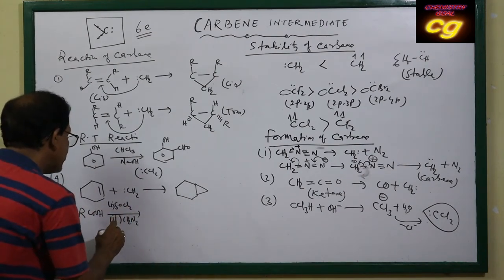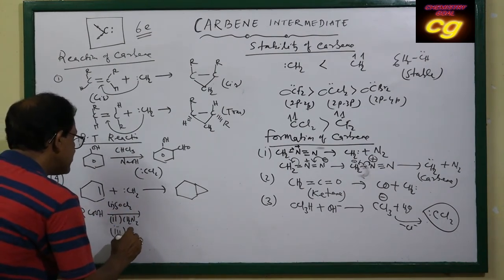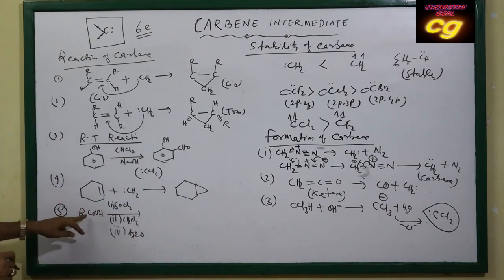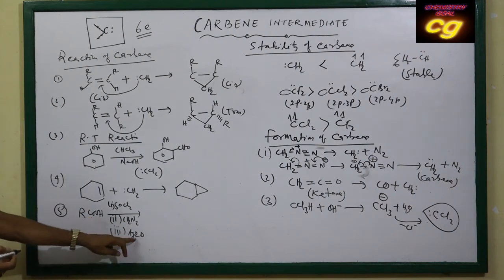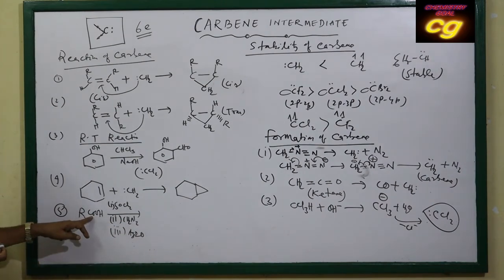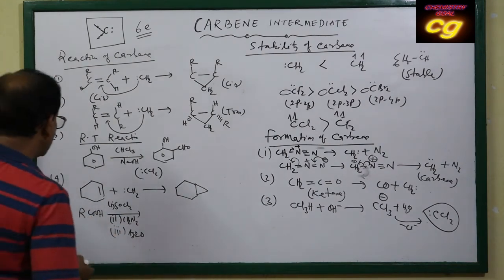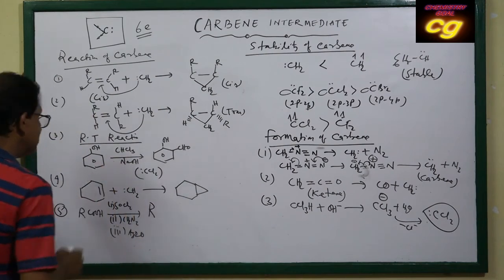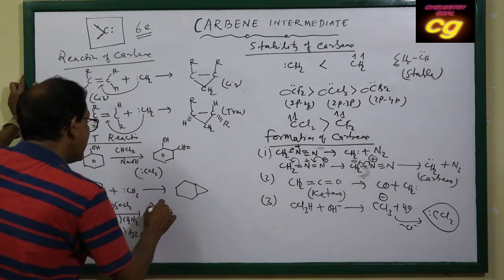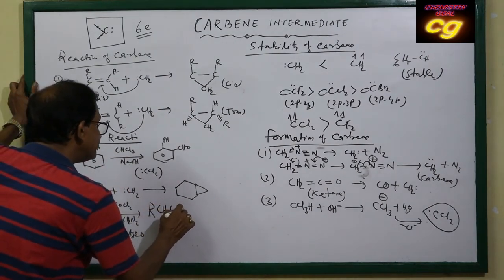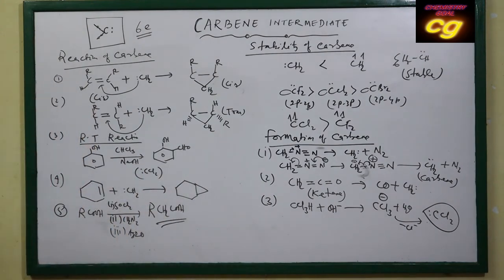Then in the third step you use silver oxide. In the first step the acid halide is formed, then when diazomethane is added, one extra carbon is increased, then Ag2O hydrolyzes the ketene to form acids. The product will be RCH2COOH, one higher member of the acid.